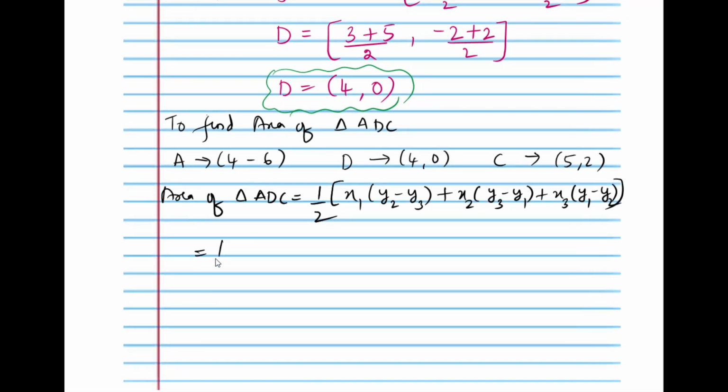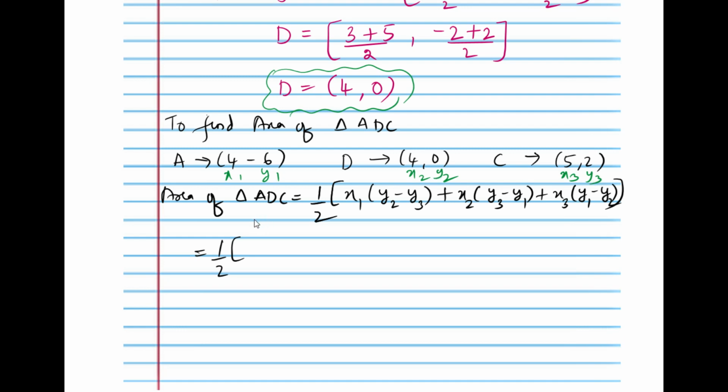Now which is equal to half into, I'll consider this as x1 y1, x2 y2, x3 y3.